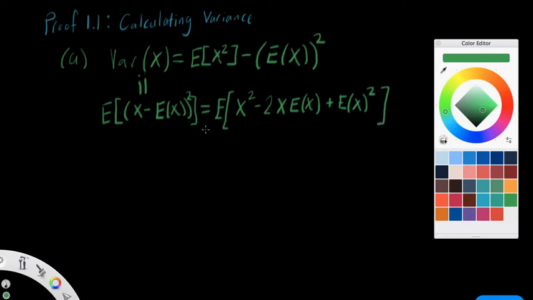Now, by the linearity of E, we can break this up.